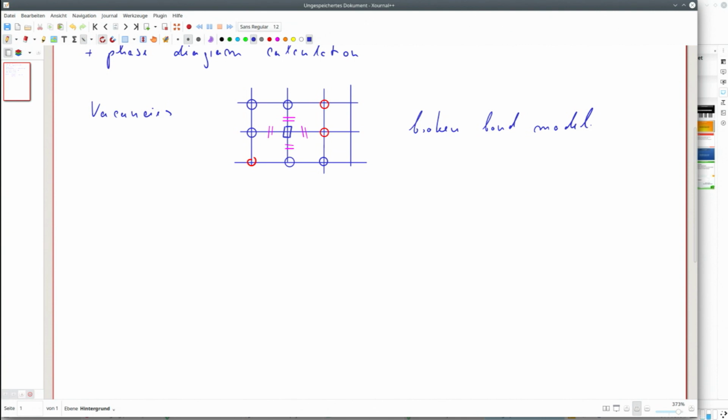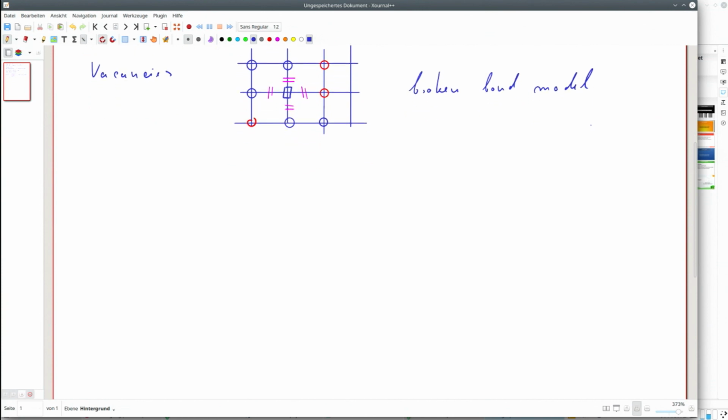But now if you calculate the change in energy if one neighboring atom jumps in there, I will write down the energies here.